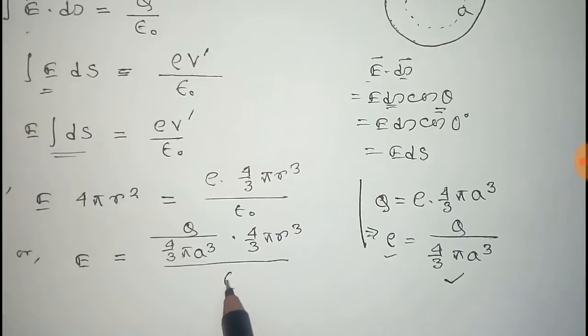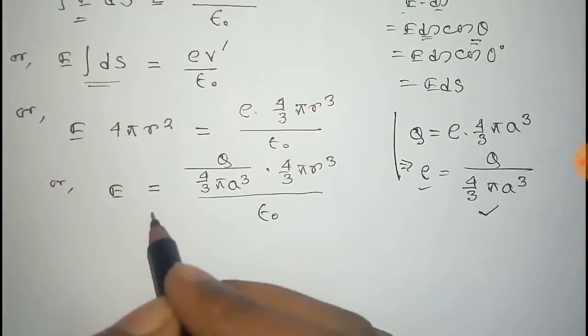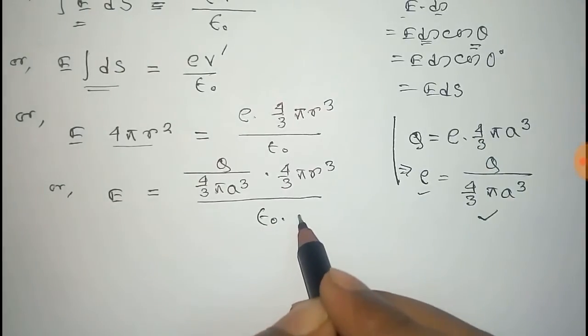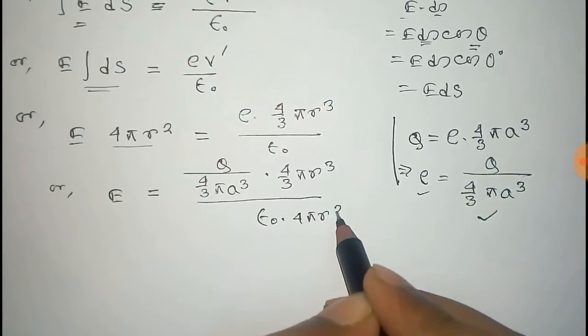by epsilon naught into this 4 pi r square term, so it will be 4 pi r square.